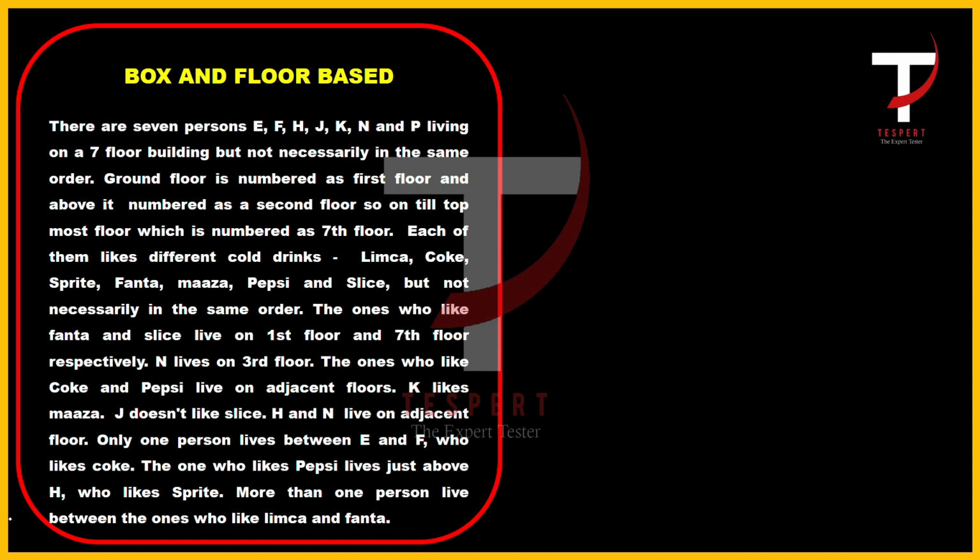Ground floor is numbered as first floor and above it numbered as a second floor and so on till topmost floor, which is numbered as 7th floor. Each of them likes different cold drinks, Limca, Coke, Sprite, Fanta, Mazza, Pepsi and Slice, but not necessarily in the same order, right?